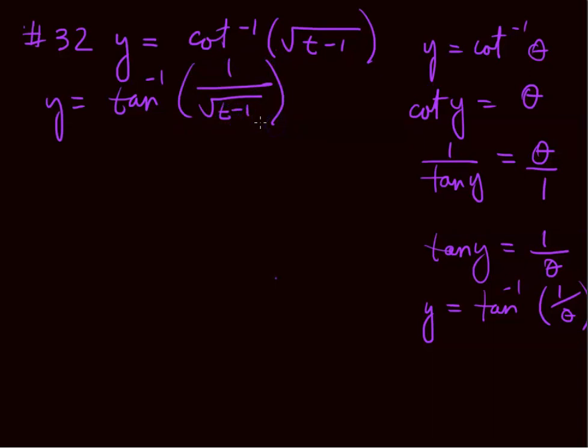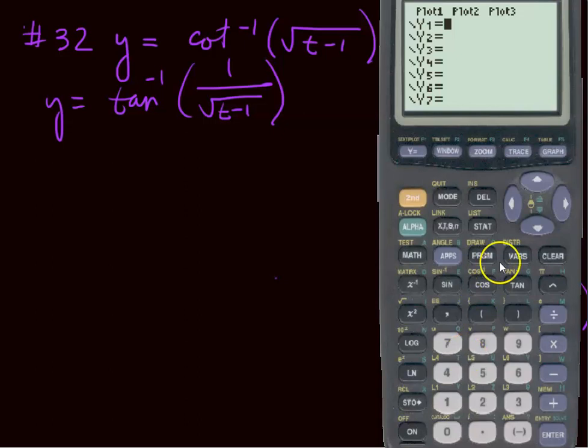Does that make sense? Now, I'm only doing that so I can graph it, because you don't need that to find the derivative. But let me bring my calculator back up, because sometimes it's good to know this is always positive, sometimes it's negative, things like that.